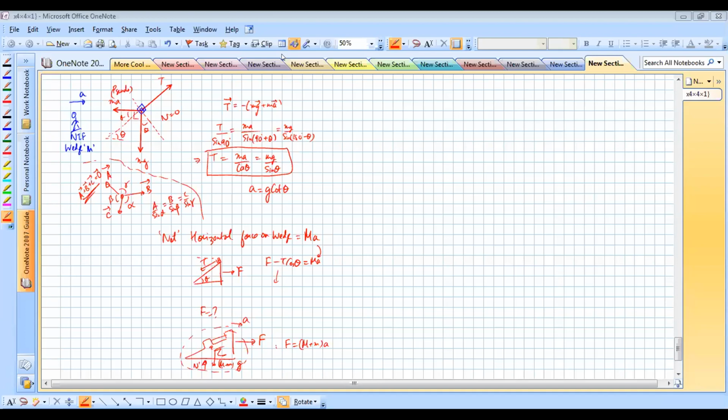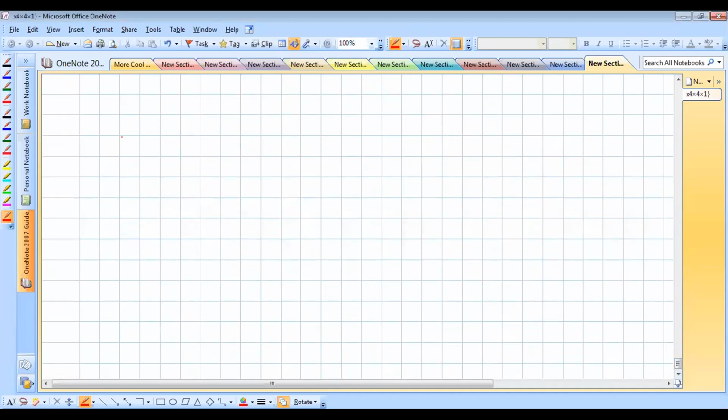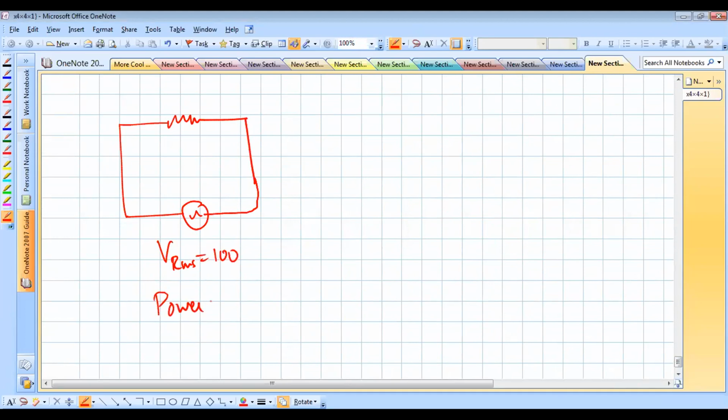Okay, let's work this out. So when you connect this as a pure resistor, suppose you have a V RMS equal to 100, the power is about 100 watts.